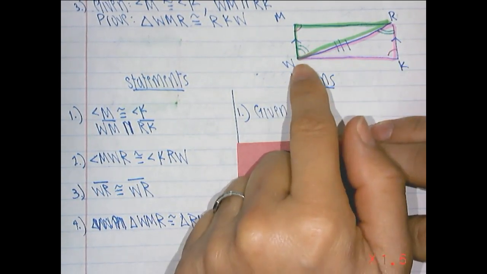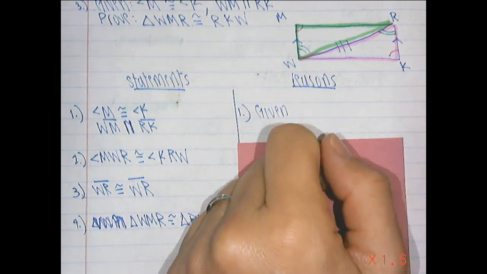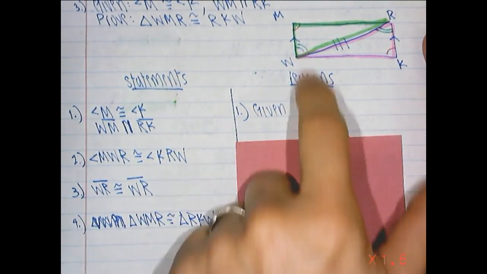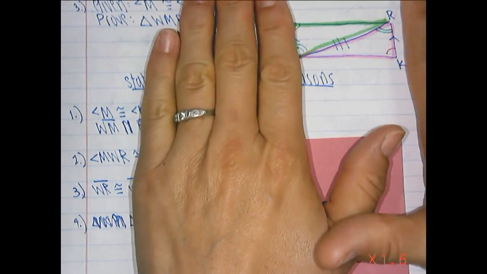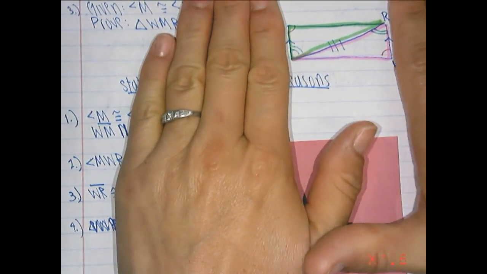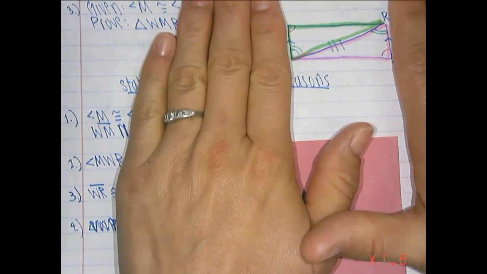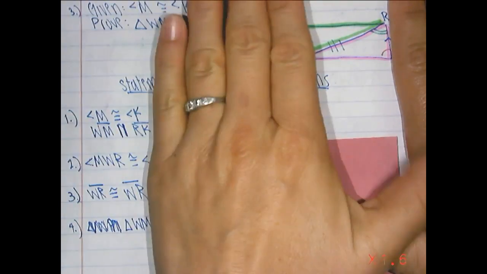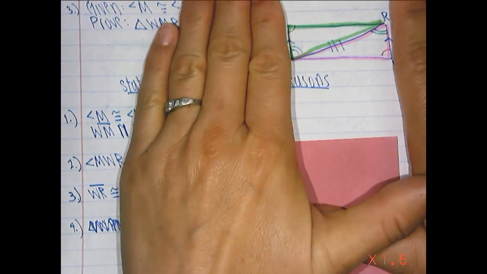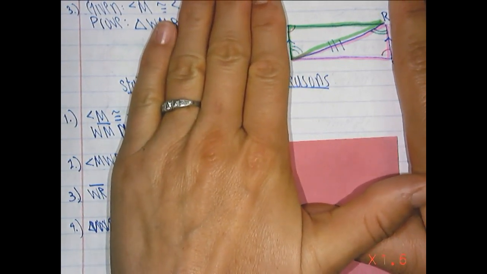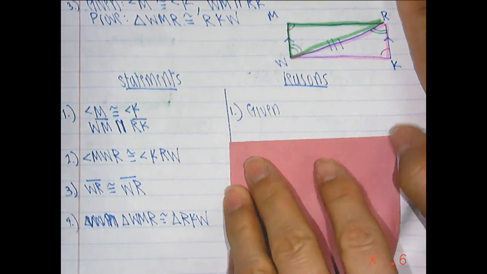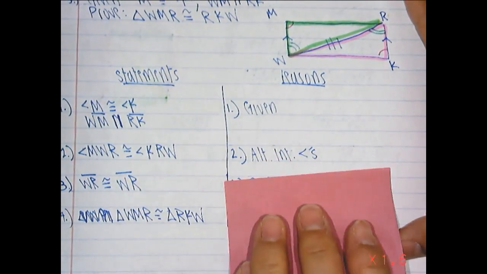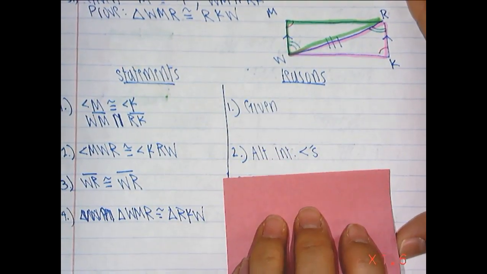And why is that? Well, if you look closely, these are the 2 lines that we marked parallel, right? Here and here. So that line with the pink and the green going across it is actually a transversal, and it creates an angle relationship here and here. So I could say that those angles are congruent because they are alternate interior angles.